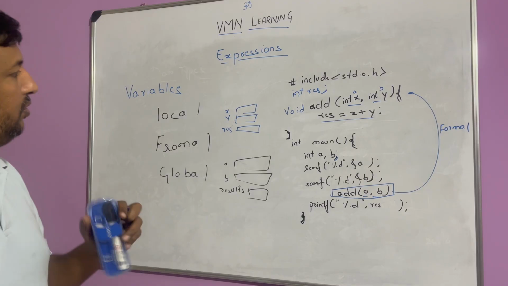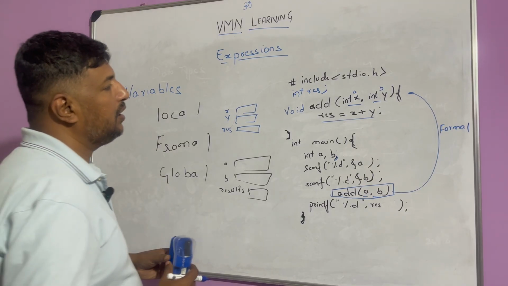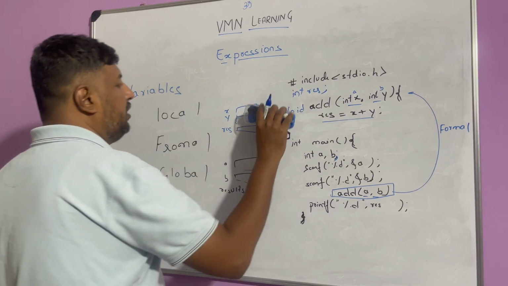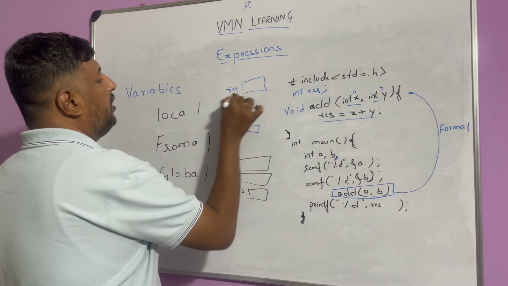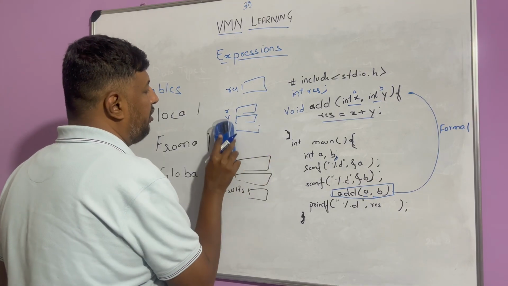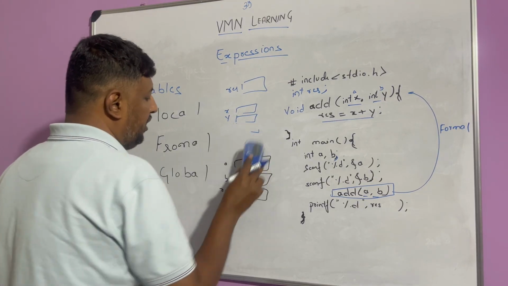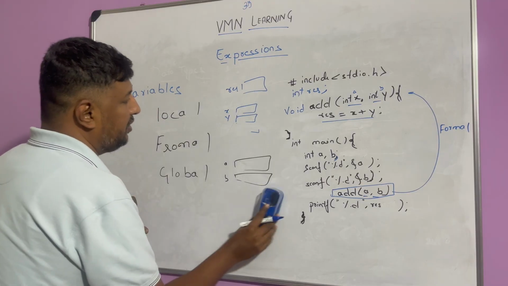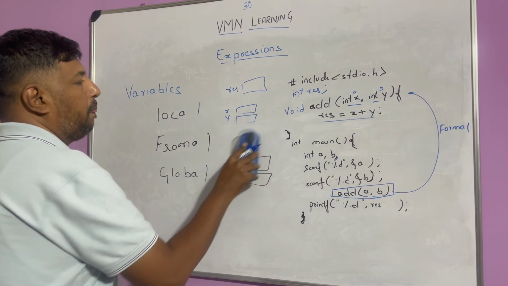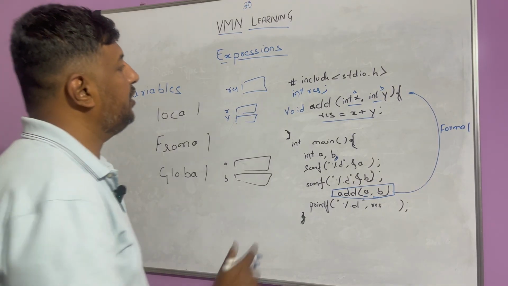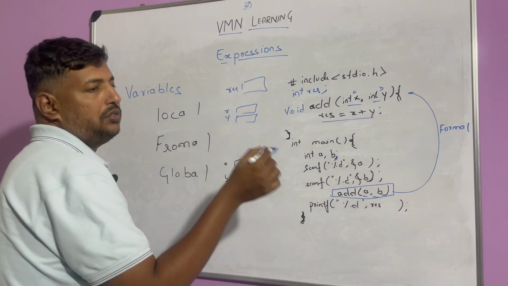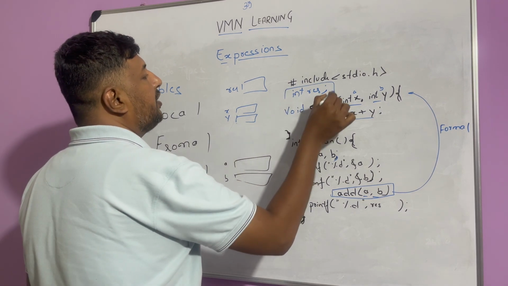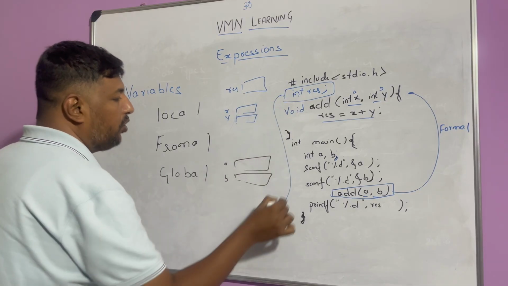Okay, now see what happens. The res is a global, so we got the memory here. This res is not required and this result is eliminated. Any variable declared after the hash includes is called a global variable, and it is accessible throughout the program.